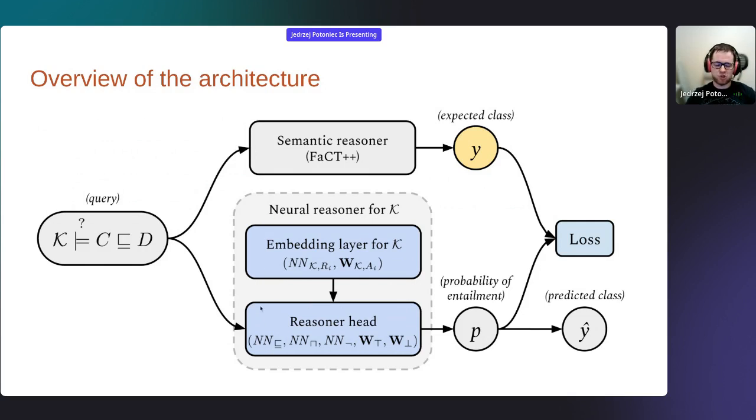The reasoner head, which is shared between all the knowledge bases, consists of neural operators for conjunction and negation, the embeddings for top and bottom concepts, since they are also shared between knowledge bases, and, let's say, the core: the neural network for deciding whether two embeddings of two concepts are such that one is a subclass of the other.